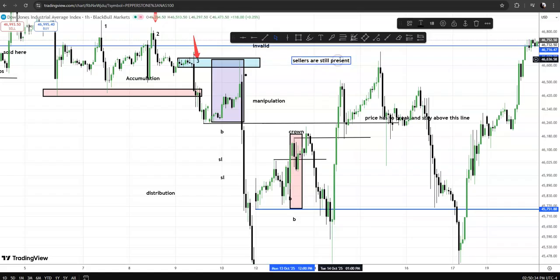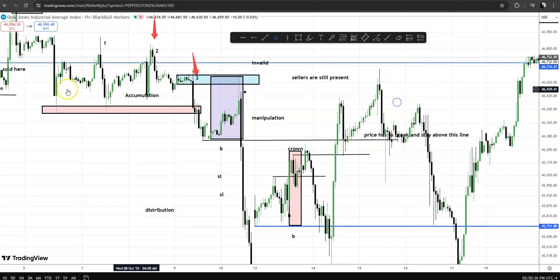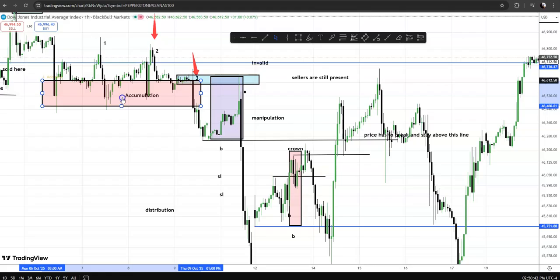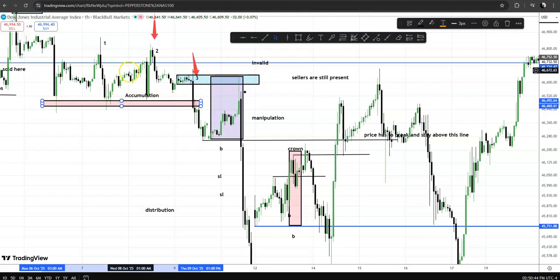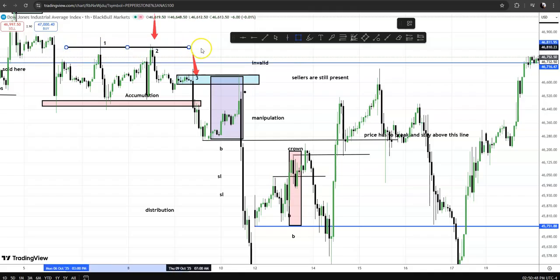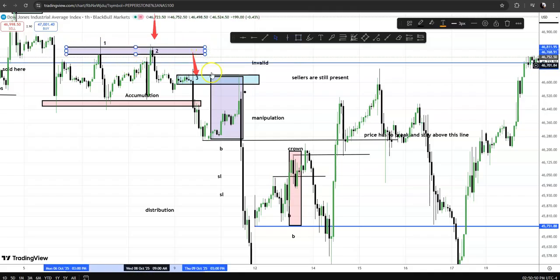Notice the labeling here. Sellers are still present. So the price went right back into the same zone. Yes, this is where labeling a chart comes into play. The market price went right back, people, into the same zone where we had this 1, 2, 3 price drop model. And as such, it couldn't break past it.